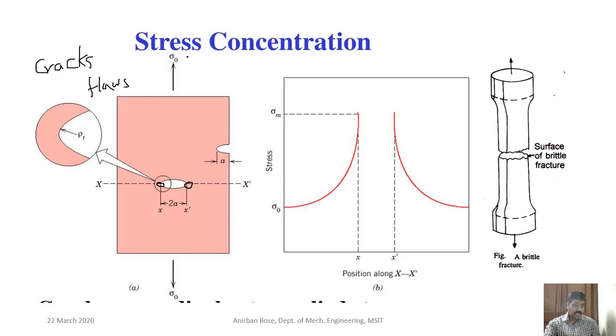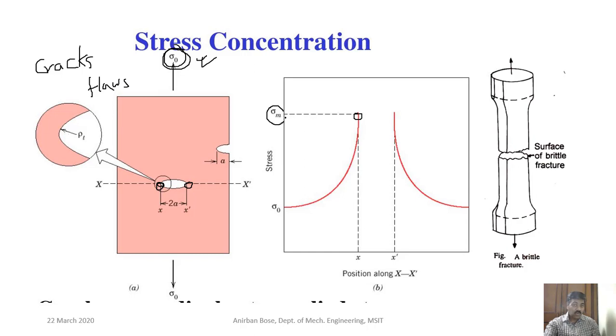Here you can see at the tip the stress is very high, and that's why, even though the applied value is quite low, the material fractures because of the presence of the crack.